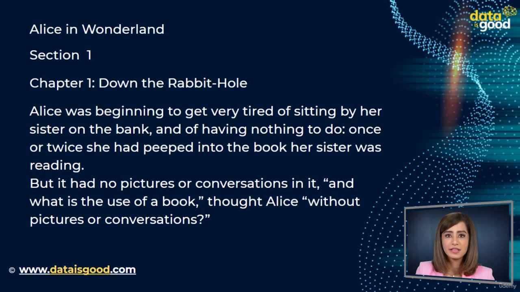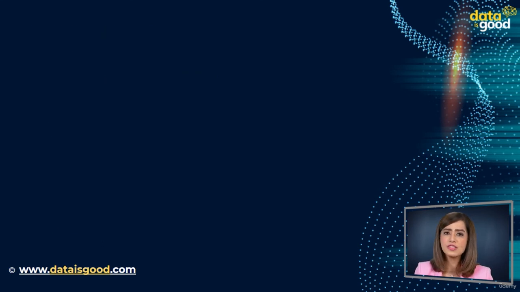Alice in Wonderland. Section 1, Chapter 1, Down the Rabbit Hole. Alice was beginning to get very tired of sitting by her sister on the bank and of having nothing to do. Once or twice, she had peeped into the book her sister was reading, but it had no picture or conversations in it. And what is the use of a book, thought Alice, without pictures or conversations?